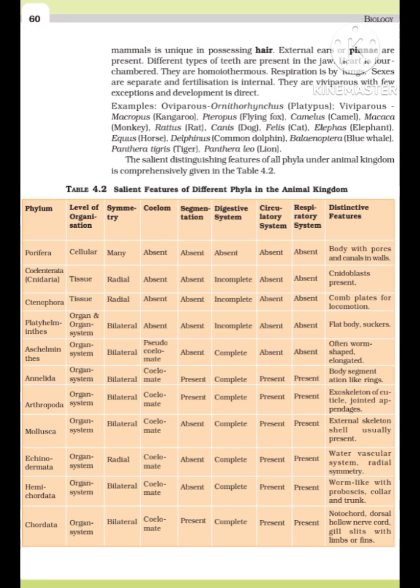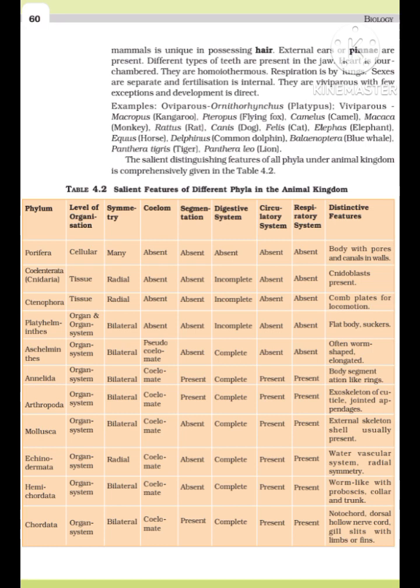Phylum level of organization, symmetry, coelom, segmentation: Porifera, Coelenterata, Cnidaria, Ctenophora, Platyhelminthes, Annelida, Hemichordata, Chordata.